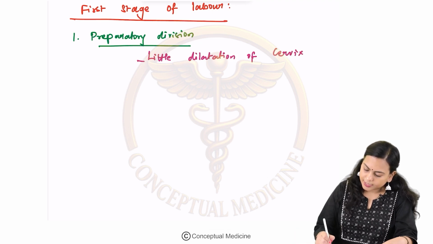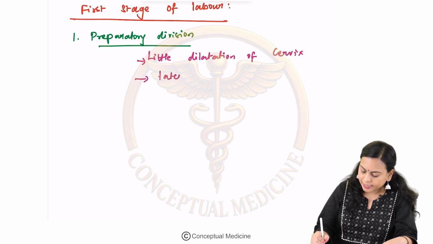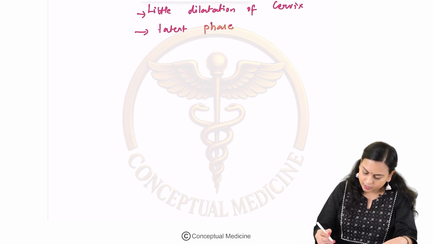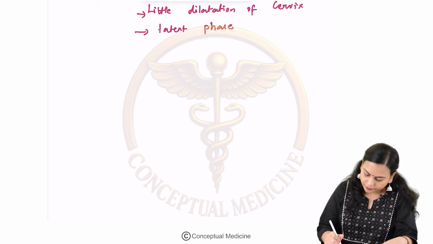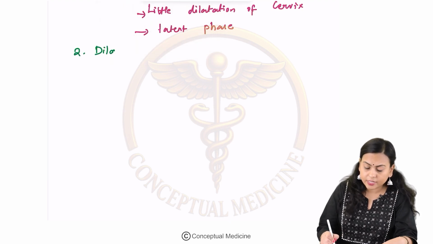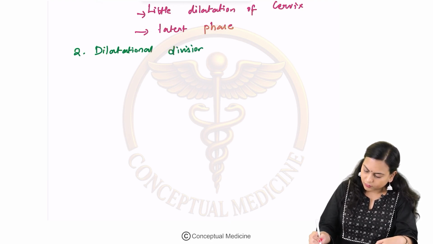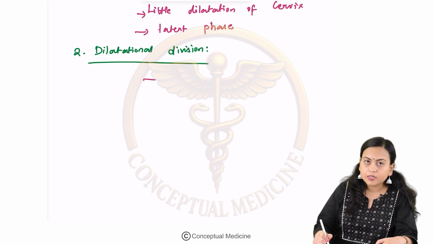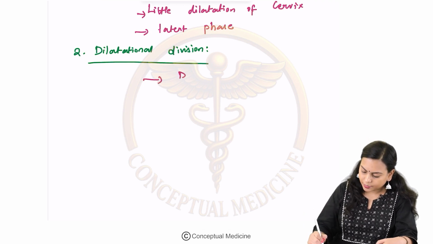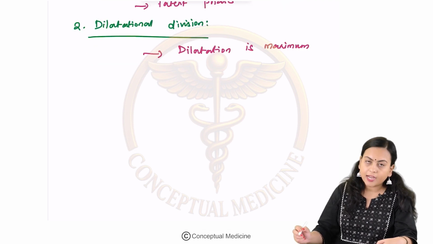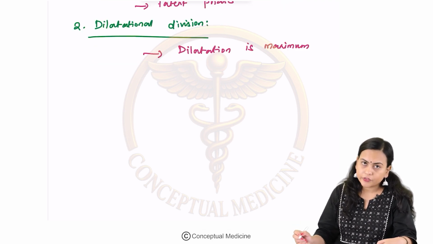This can also be considered as latent phase of the first stage. Then comes the dilatational division. Here, the dilatation is to the maximum, and this can be considered as active phase of first stage.